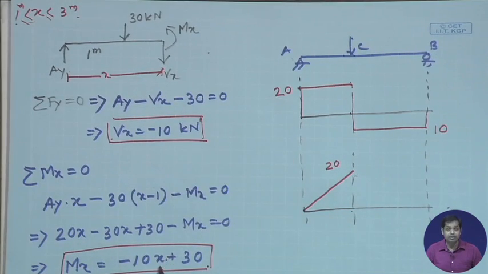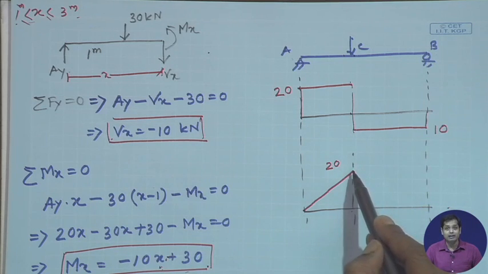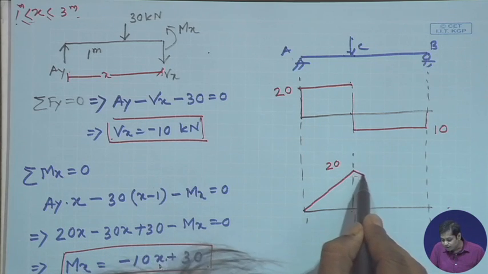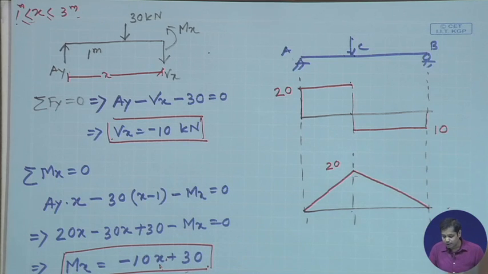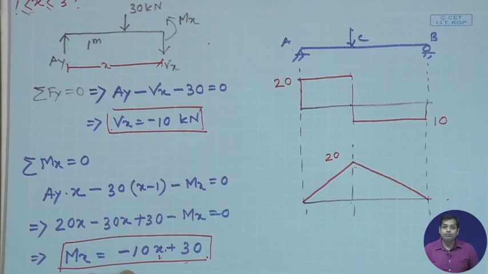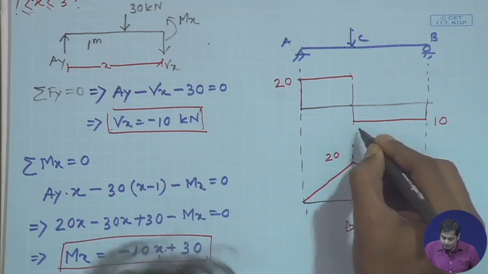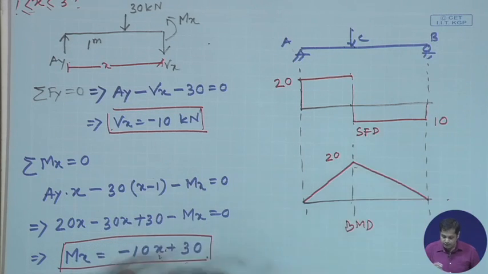If you substitute x is equal to 1, you get Mx is equal to 20, which is again consistent, so continuity is maintained. At x is equal to 3, Mx is equal to 0, since it is a simply supported beam, so bending moment will be 0. This is the bending moment diagram, and this is the shear force diagram.